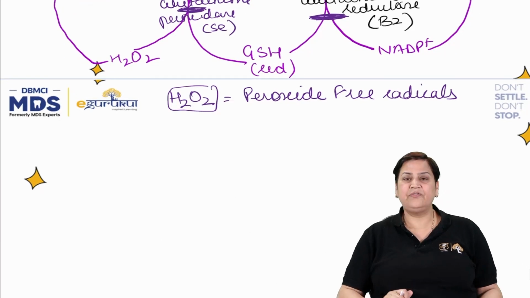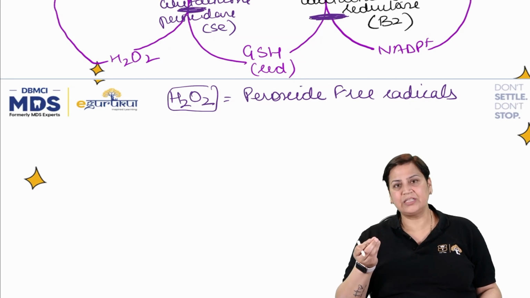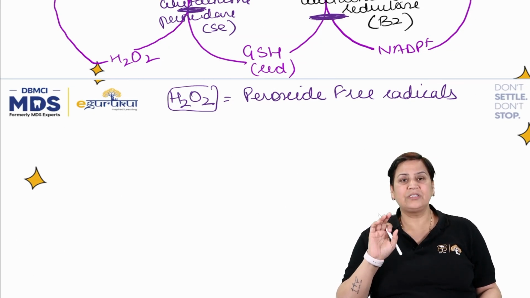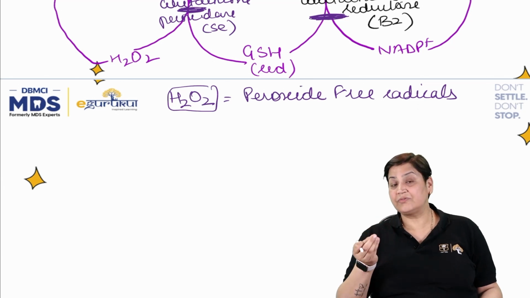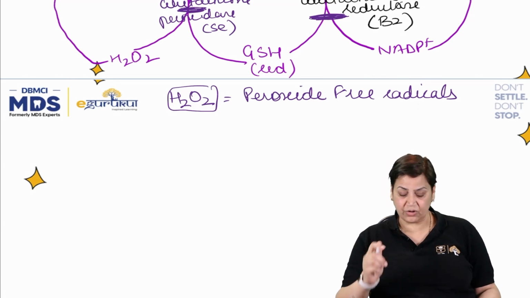And what is the function of free radicals? They start damaging the cell membrane, because free radicals are in search of an electron. Wherever they find an electron, they will simply engulf that electron.